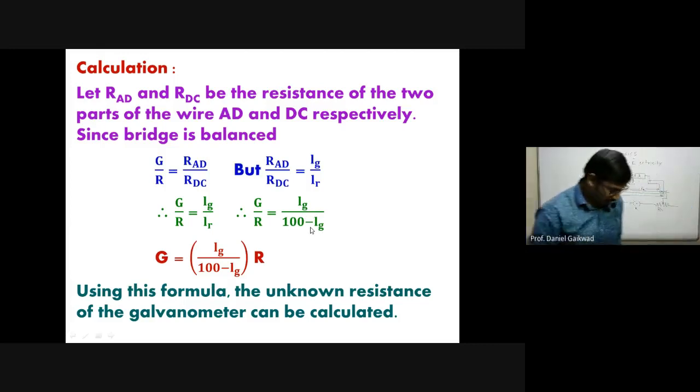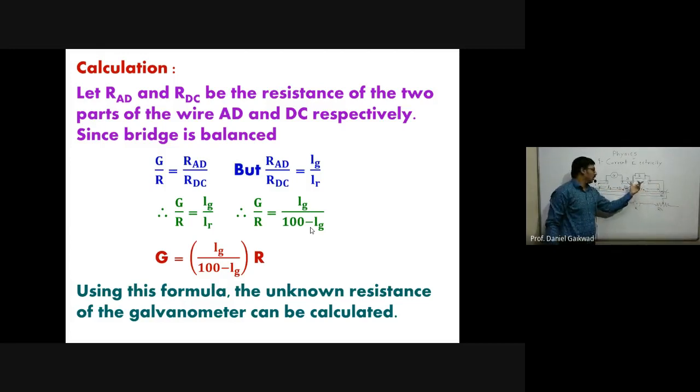Now how is this obtained? The total length of the wire is 100 centimeter, and suppose this part is 40 and this part is 60. So we write LG divided by 60, suppose LG is 40 and LR is 60. Now we write LR in terms of LG. The total is 100, minus 40 we obtain 60.